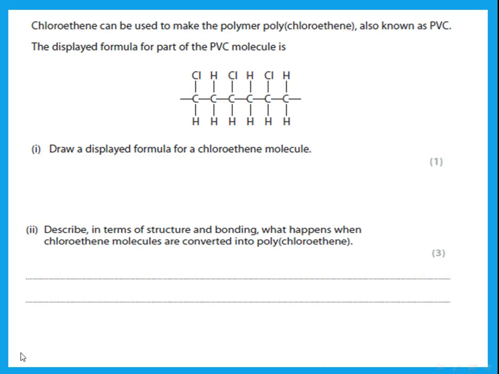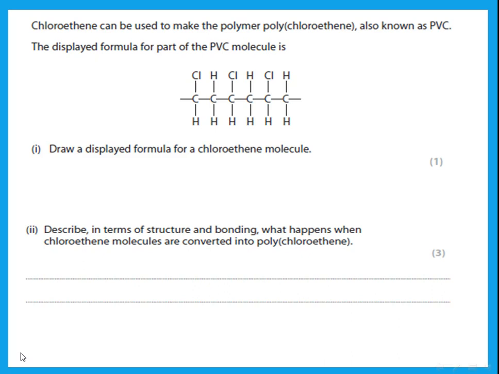Chloroethene can be used to make the polymer polychloroethene. The displayed formula for part of the polyvinyl chloride molecule is this. Draw a displayed formula for a chloroethene molecule. Now, first of all, even if you don't know how to draw chloroethene itself, he's saying draw the monomer of this polymer.